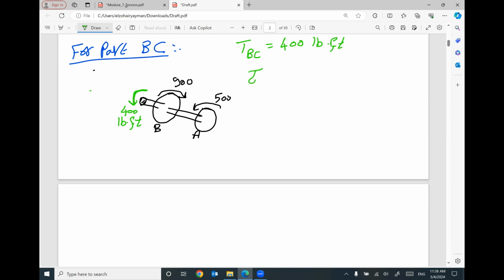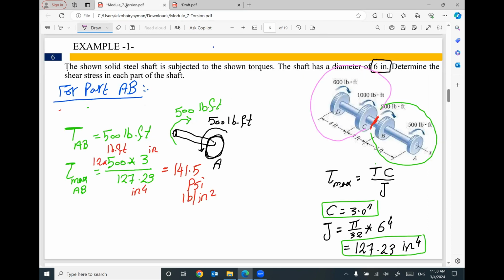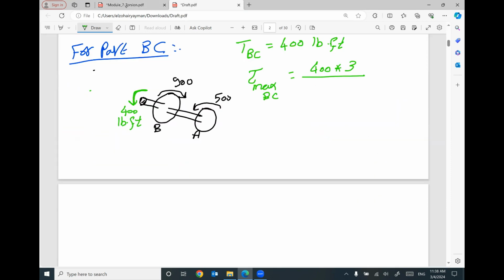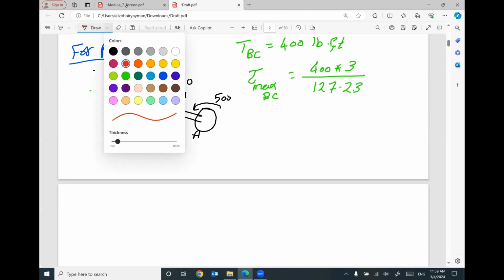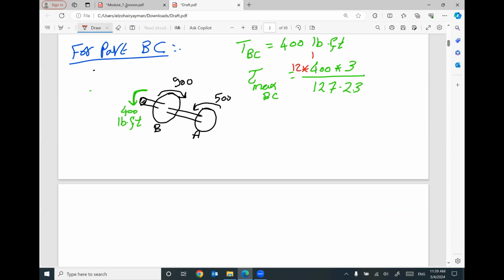That means the maximum shear stress in part BC will equal the applied torque 400 times the radius 3 inch divided by the value of J, 127.23. I will multiply this applied torque by 12 because right now it's in pound-foot, to be in inch. So the shear stress in this case is 113.18 pound per inch square or PSI.